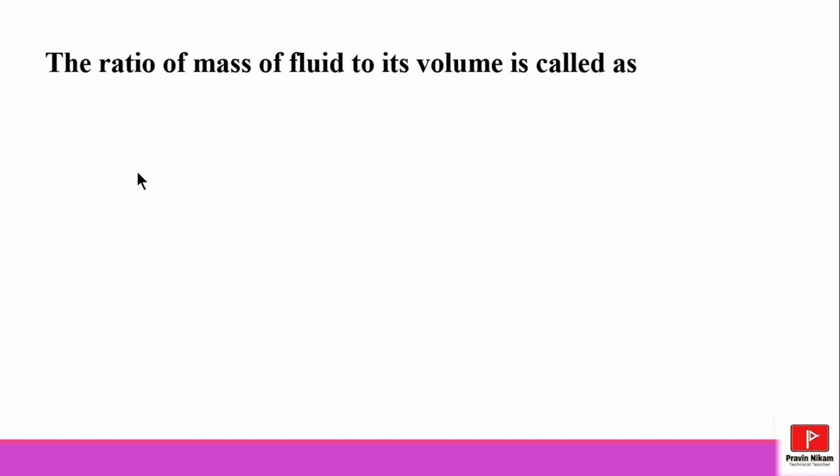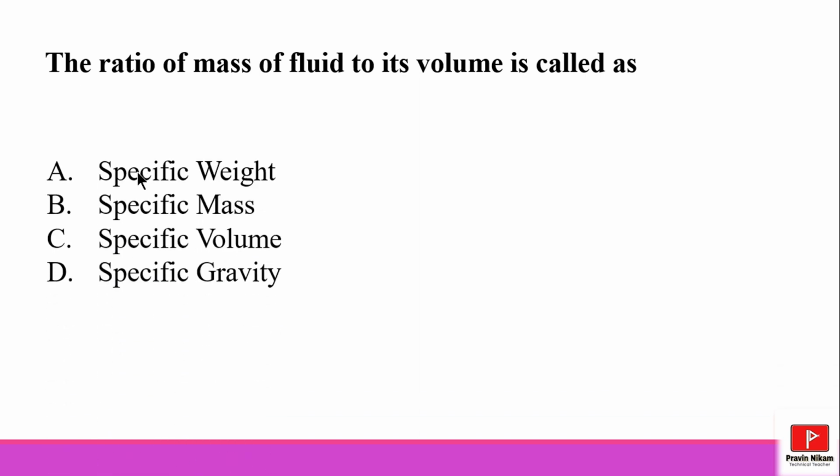The ratio of mass of fluid to its volume is called as. Now this is the property of a fluid called mass density. The ratio of mass of fluid to its volume means mass divided by volume. This is the property of fluid called mass density or specific mass.